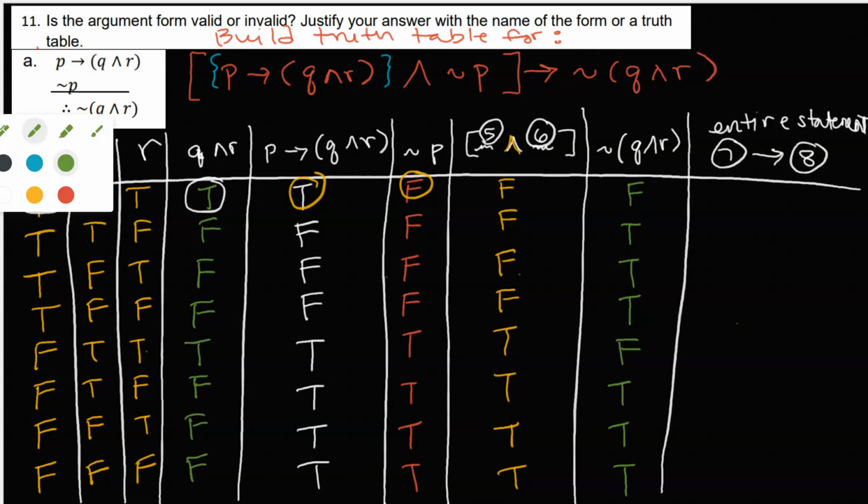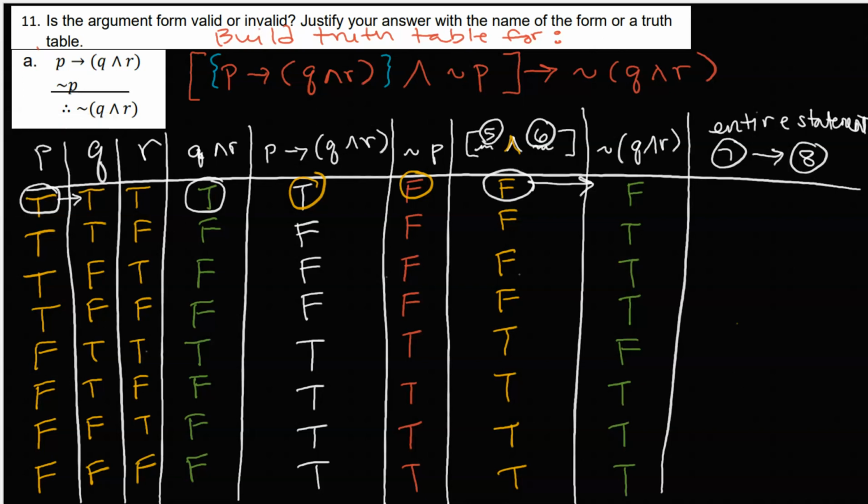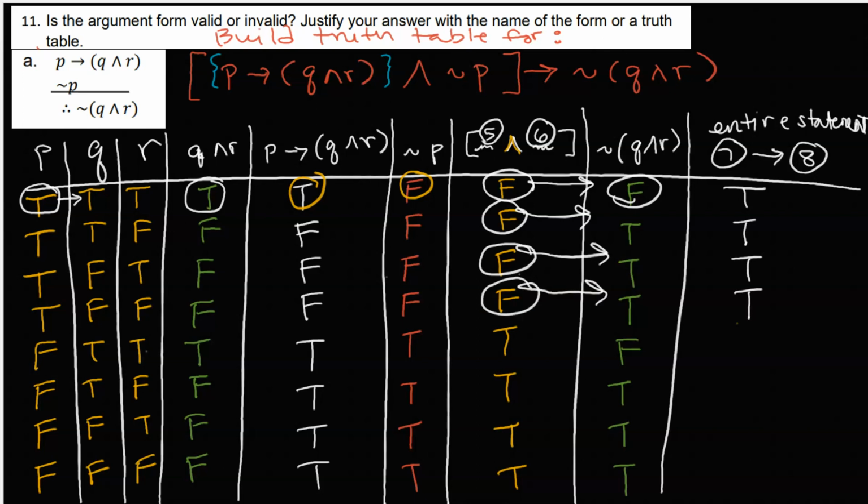For the last entire statement, we are going from premises lead to the conclusion. True implies false. False implies anything is true. False implies anything is true. False implies anything is true. So this one is also true. However, if you see true implies false, then this is false.